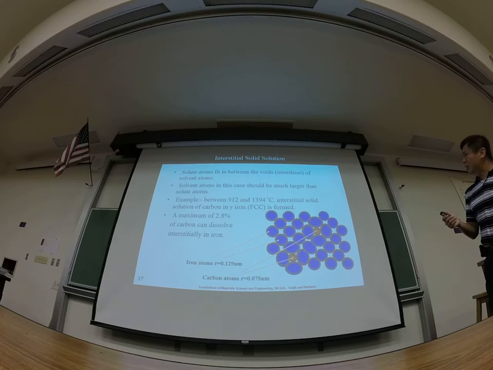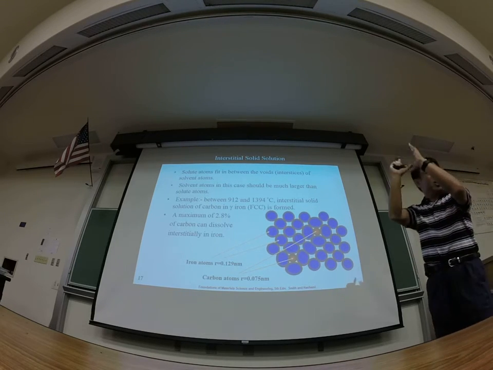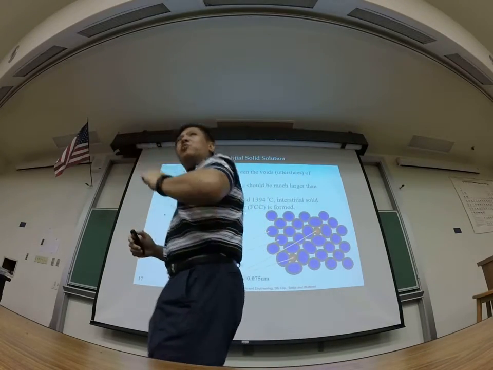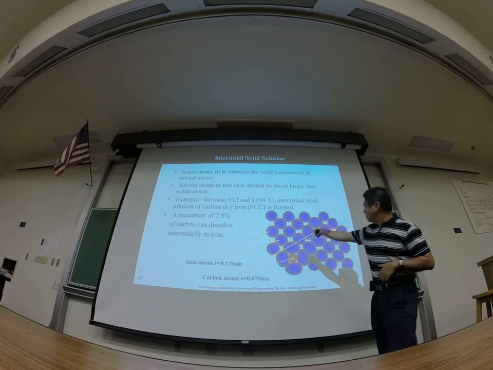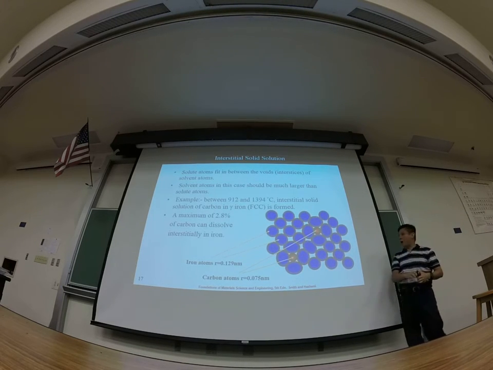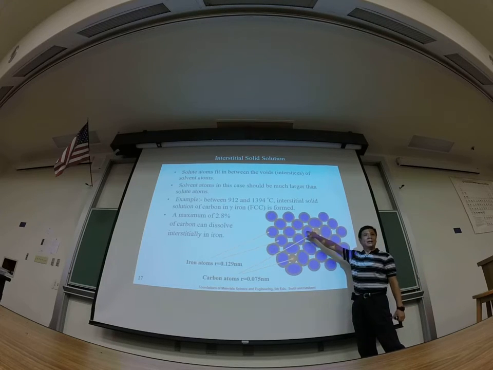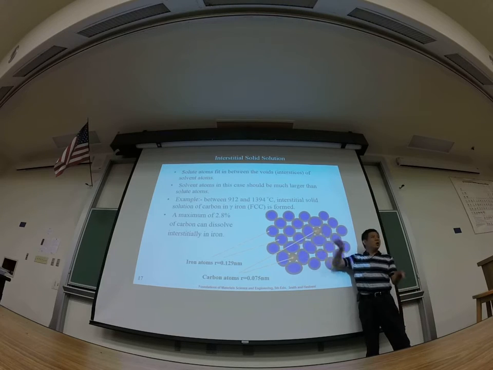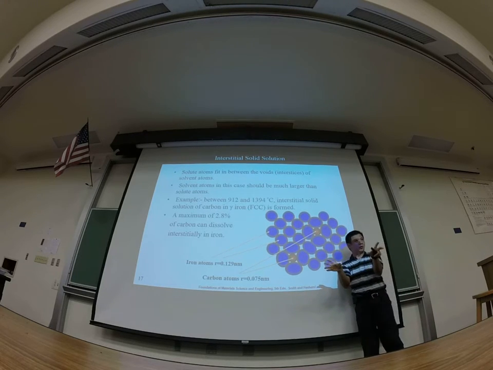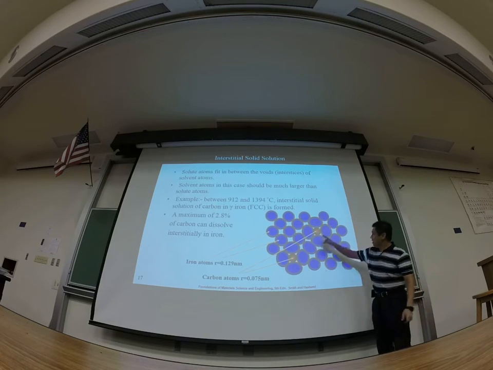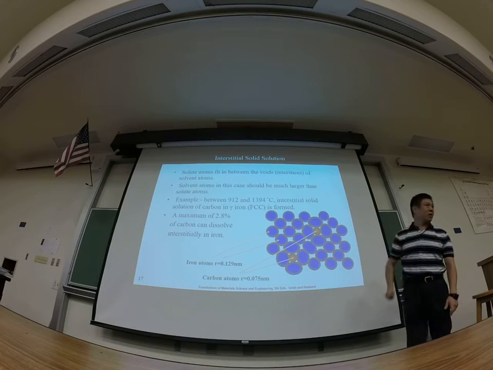Okay, so in addition to those similar-size atoms, which we call substitutional solid solution, if the sizes of the solvent and the solute are very different, in that case the small atom could fill in the interstitials formed by the larger atoms, right? Easy to understand. In that case, we call them interstitial solid solution.